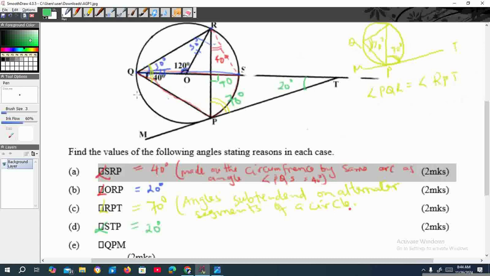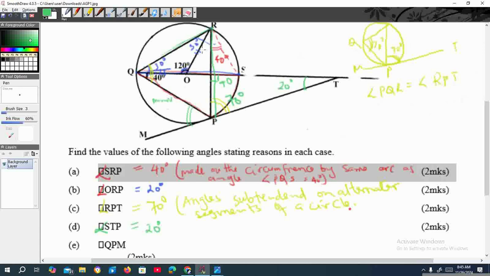Because the QP is making this angle QPM on this minor segment of the circle, then the same chord QP is making this angle QRP on the major segment.